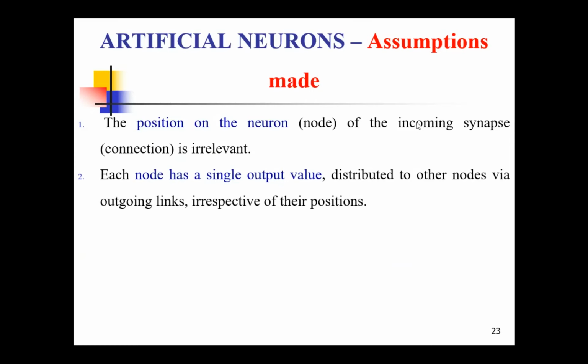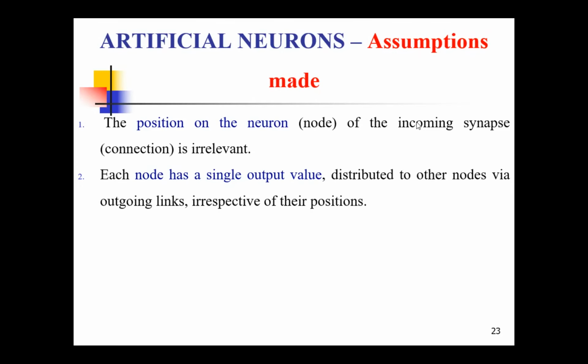In the hidden layer, I am going to have three neurons. So x1 will be connected to all three neurons of the hidden layer, and similarly the input neuron x2 will be connected to the three nodes of the hidden layer.